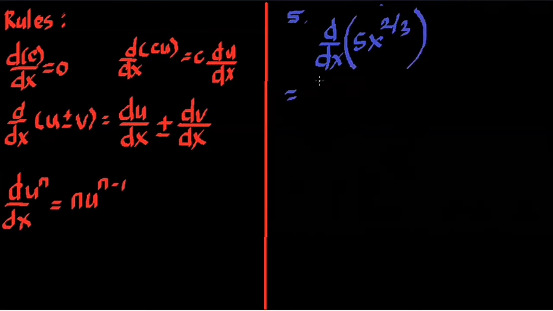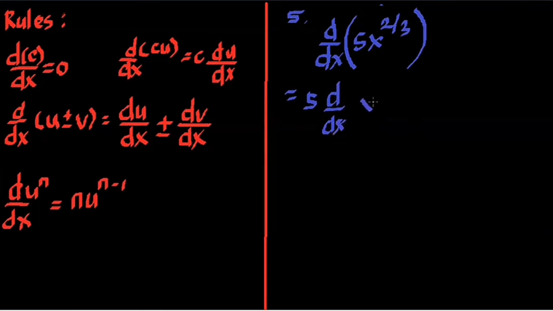And let's have now our last example for this video, which is the derivative of 5x raised to the exponent of 2/3. So again, we could write the constant in front of our derivative operator. And we could have 5 times the derivative of x exponent 2/3.